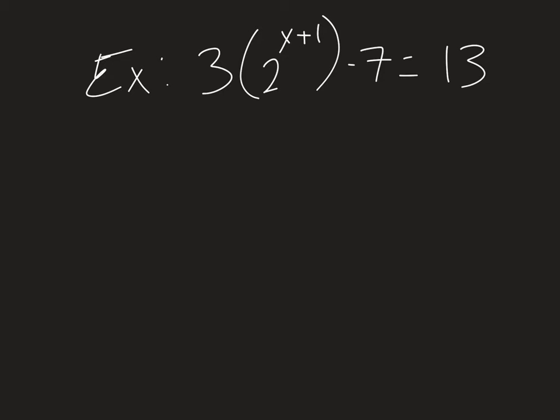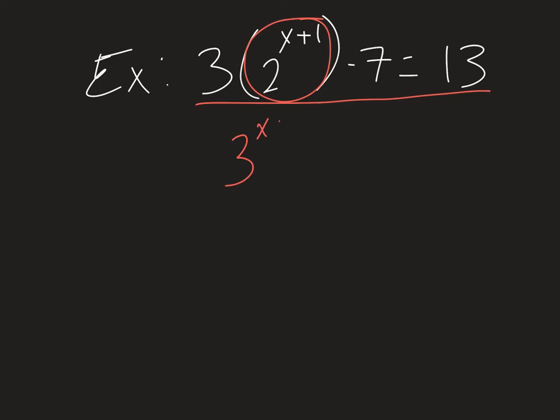If we're looking at this equation, I want to solve for x, and the first thing we ought to do is try to isolate this exponential term. So the first thing I'm going to do is add 7 to both sides.